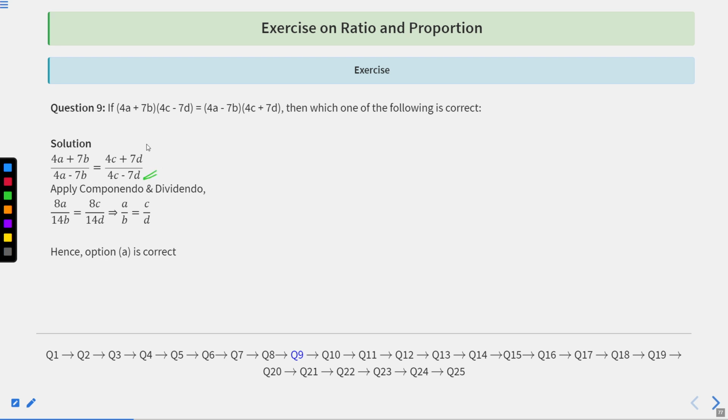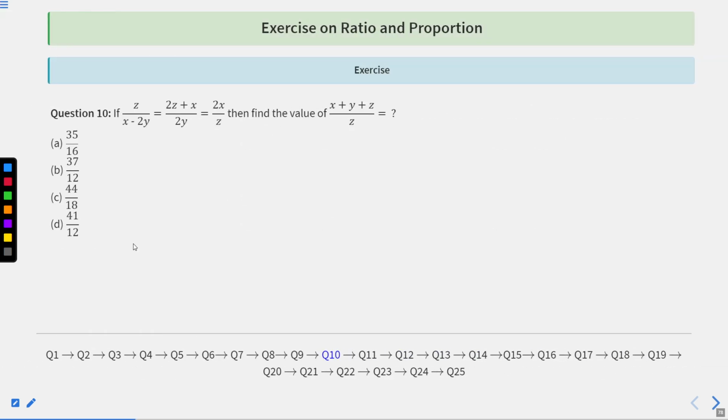We have just moved some terms from left to right, and we got this. Now when we apply componendo and dividendo, we will have 8a upon 14b equal to 8c upon 14d, and that means a upon b is equal to c upon d. So the option correct here is option number A.